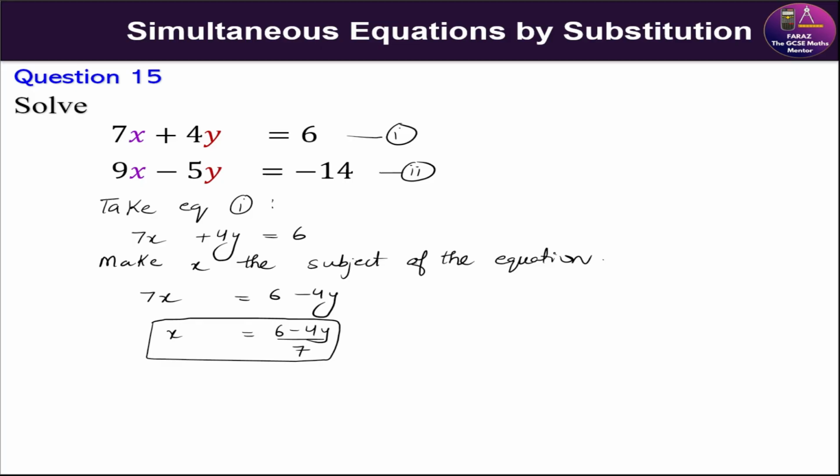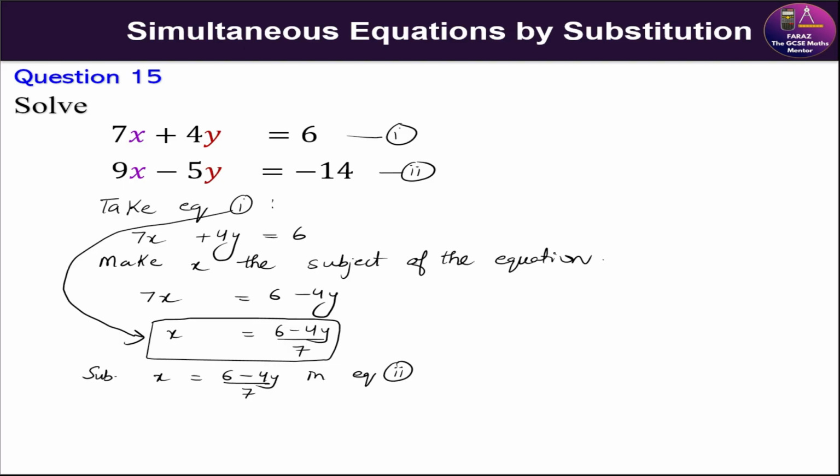Now substitute this value of x in the next equation, because this x is coming from equation number 1, right? This x equals to 6 minus 4y over 7 is coming from equation number 1. That's why we have to substitute this value in equation number 2.